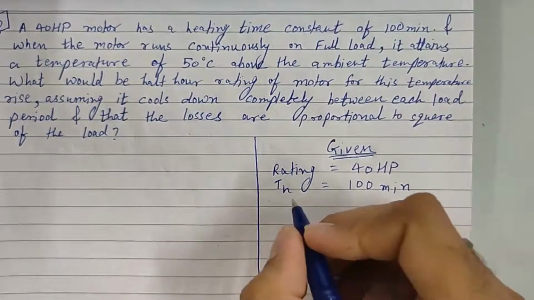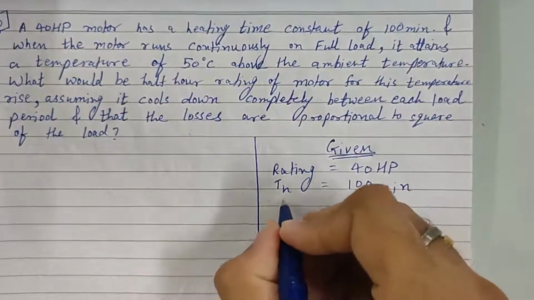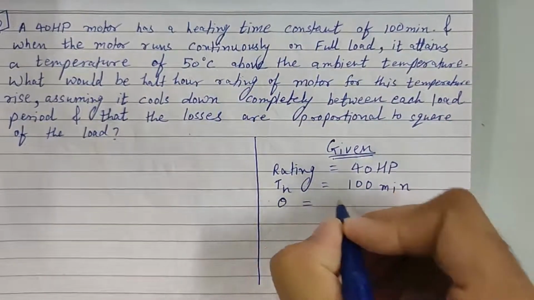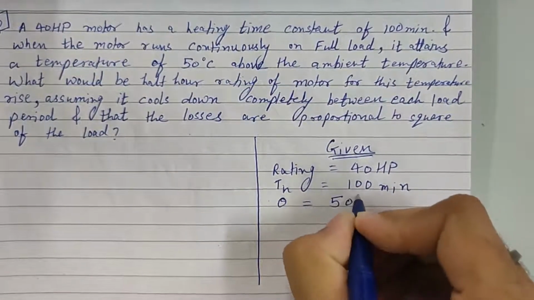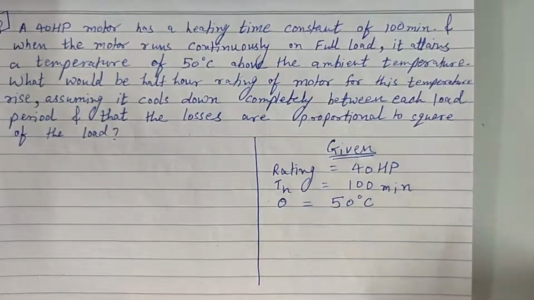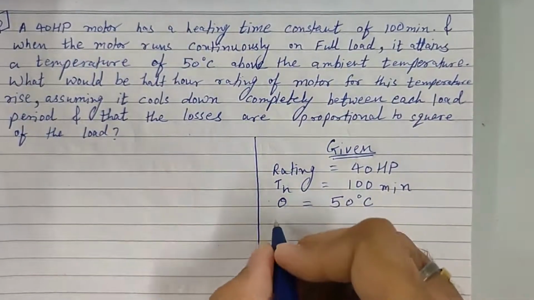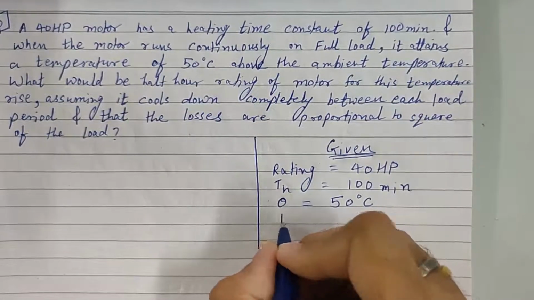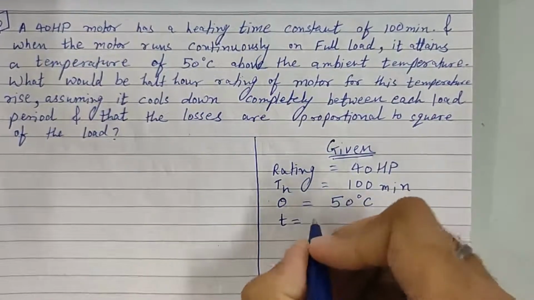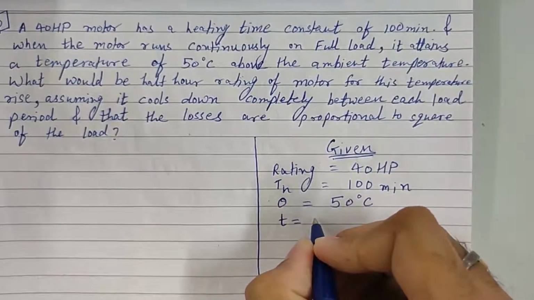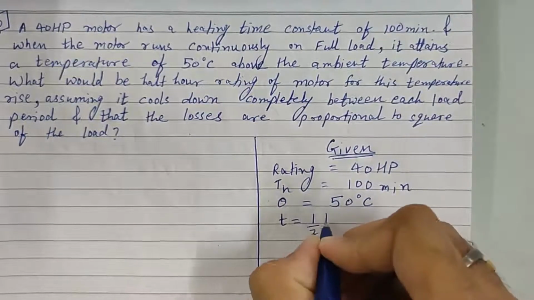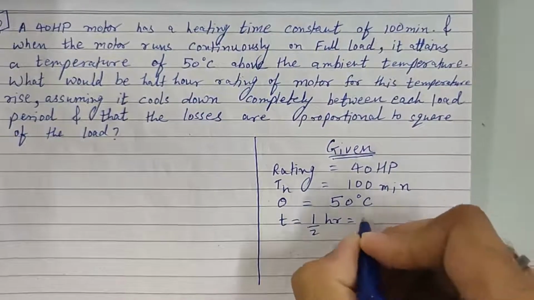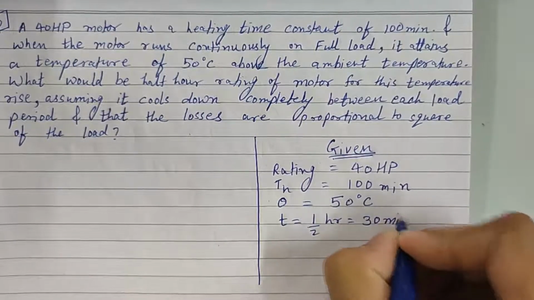Next, the temperature rise, that is theta, is given to us, that is 50 degree centigrade. What we need to find out is for small t, that is half hour rating, so half hour, which is nothing but 30 minutes.